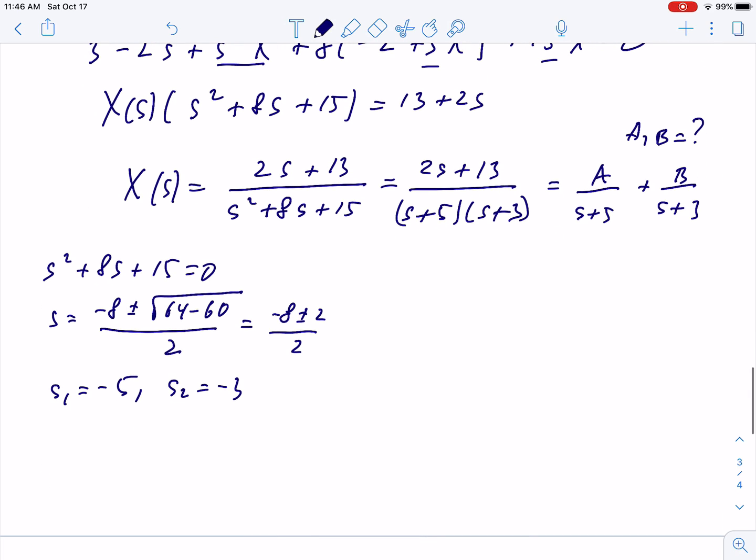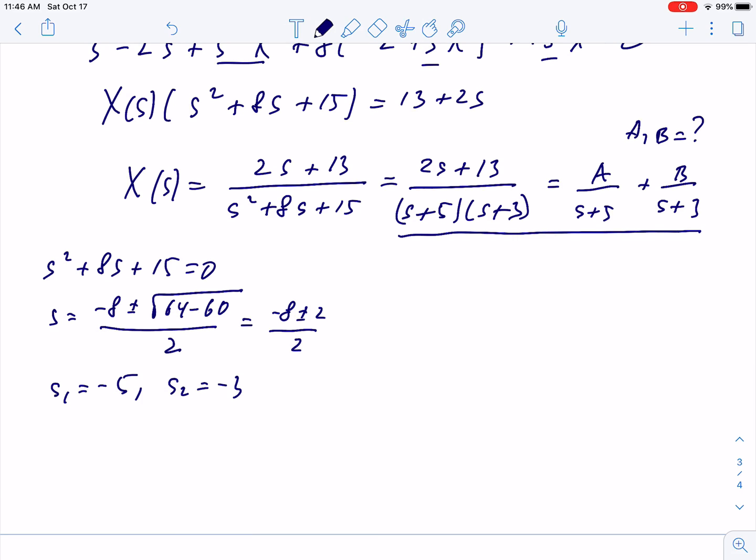So we use a technique from calculus when we want to break a rational function in partial fractions. Here on the right side we write a common denominator, so this will become A(s plus 3) plus B(s plus 5) over this.